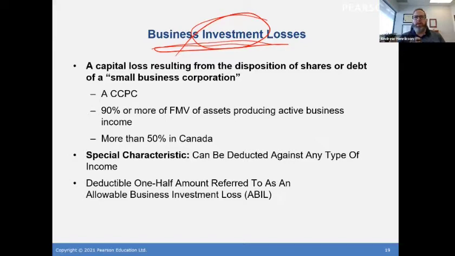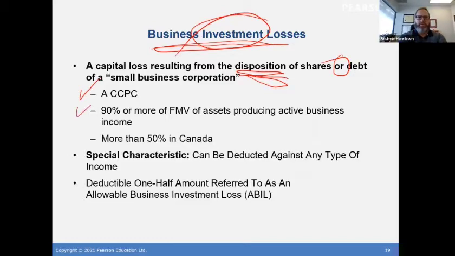The way that this is created is because you have disposed of shares or debt in what we would define as a small business corporation. So what is a small business corporation? A small business corporation is a CCPC, a Canadian controlled private corporation.